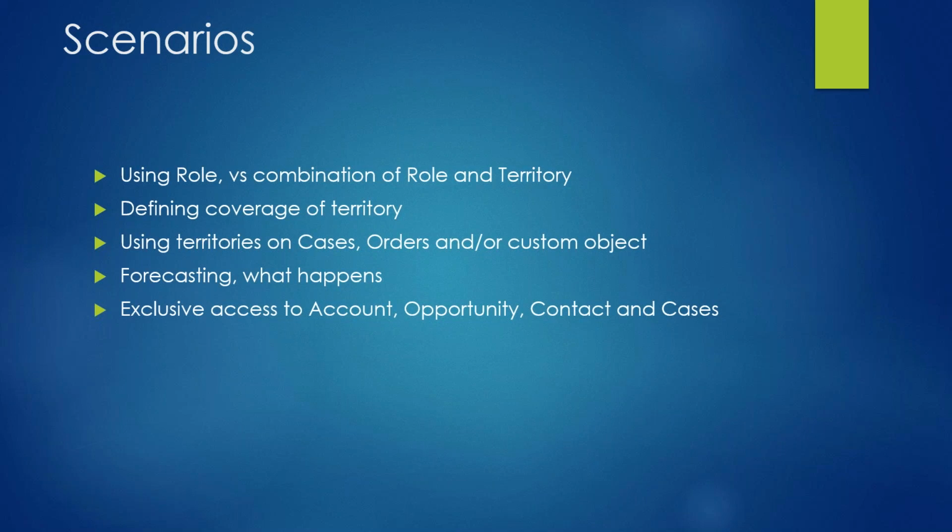But for me, as I said, if you have a very basic organization which is divided based on designations, then you should go only with roles. You should not go with territories. But the combination of role and territory comes into the picture where you have an organization which is regional based, and you have a matrix way of working.